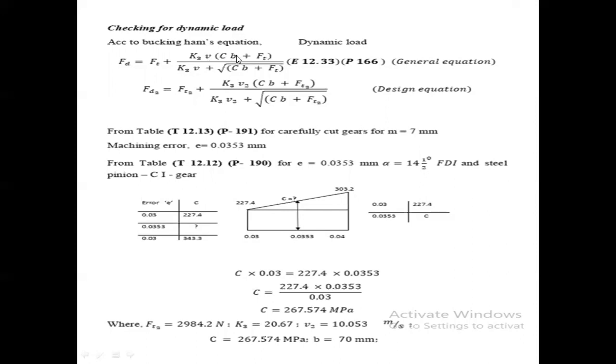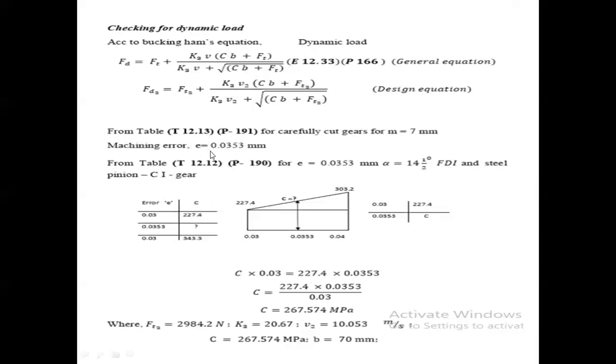To find that value for C, I have to use two tabular columns. One is table 12.13 and the other is table 12.12. First from table 12.13, for the respective value of module 7 and carefully cut gear, the value for machining error is 0.0353. This is the value I can get from table 12.13 from your data handbook.